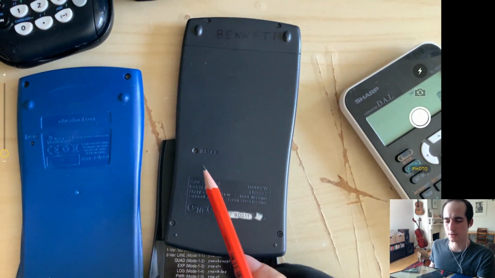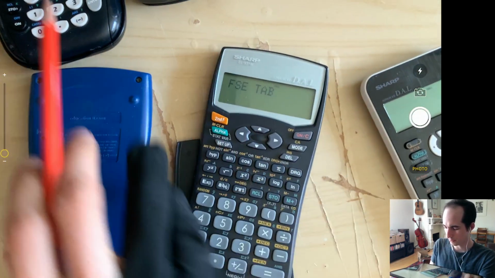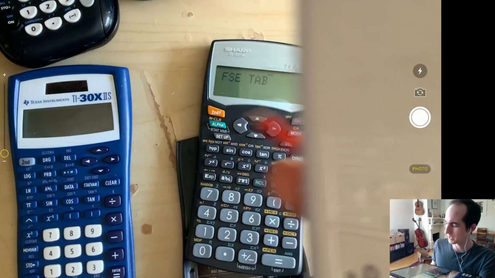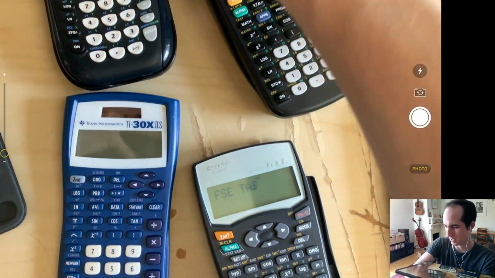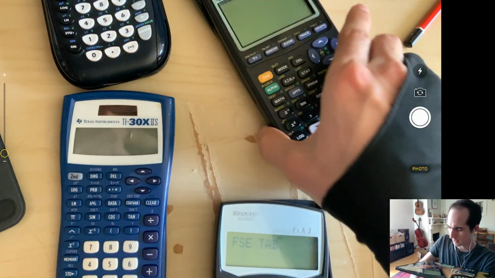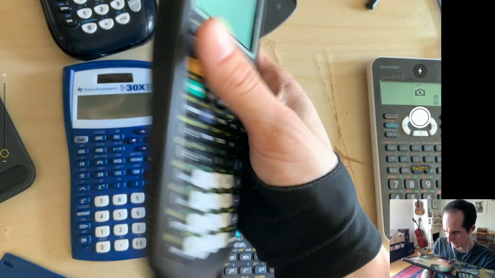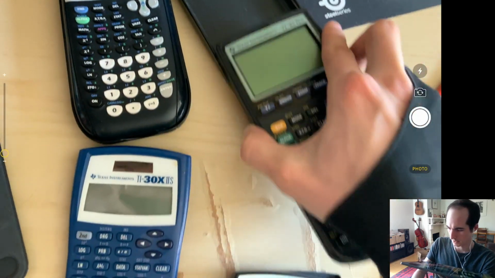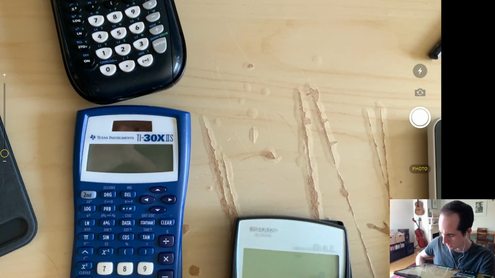Like these are different brands: this is Sharp, this is Texas Instruments, and this one's Sharp as well, but they all have the same button in the same place, and it does the same thing. These graphing calculators, I think they have one too. Maybe not. Honestly, I'm still learning how to use this. I never learned how to use this properly. Anyway, that's a little rundown of the calculator.